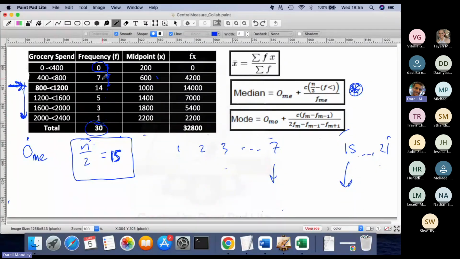How do we know which interval that 15th person is in? We keep adding up the frequency going down until it exceeds 15. You can see we've exceeded 15 when we get to this interval here. The moment we've exceeded that, then we know that's the interval that the median number is in. So it's this interval here that I put an arrow.